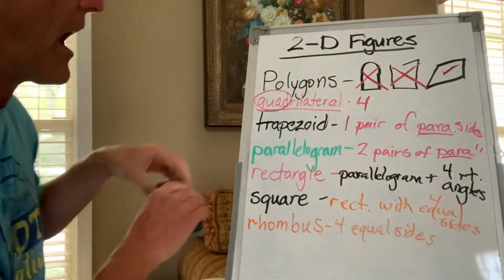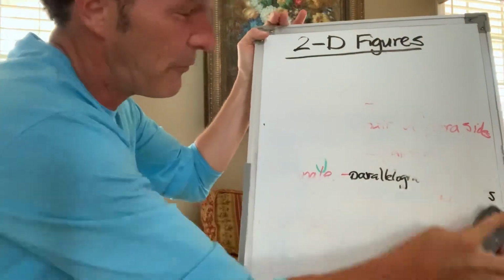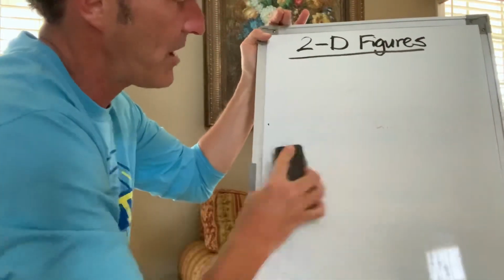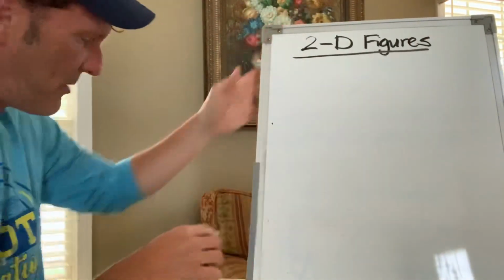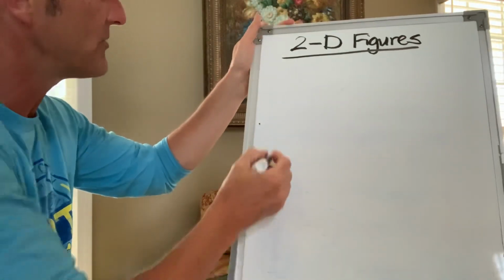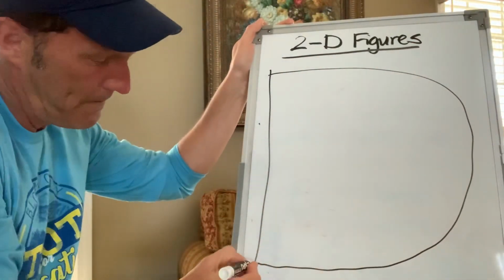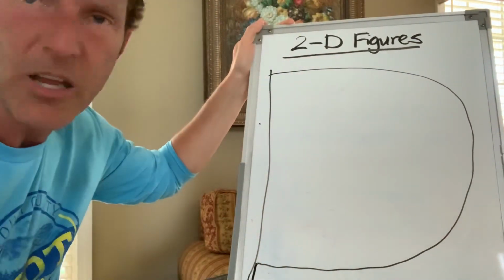One of the things that I came up with that works for me, just kind of a graphic, I'll show you real quick. Probably won't help you too much on your lessons, but maybe will help you in life. So quadrilaterals are polygons. So I'm making a big old P, and that stands for polygon.